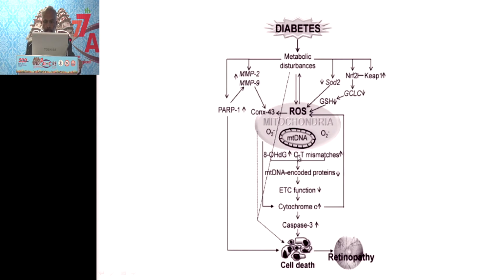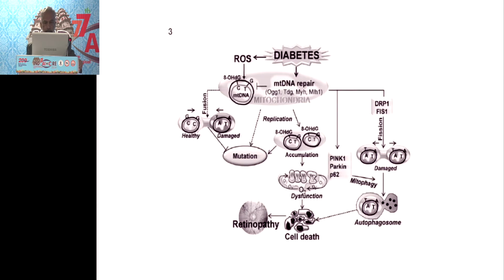Now, if you look at mitochondria, this is the most stressed part of the entire cellular environment. The hyperglycemic state leads to reactive oxygen species in the mitochondria, which triggers apoptotic mechanisms with caspase-3 going up, and that leads to cell death, neuronal as well as vascular, causing the retinopathy changes.